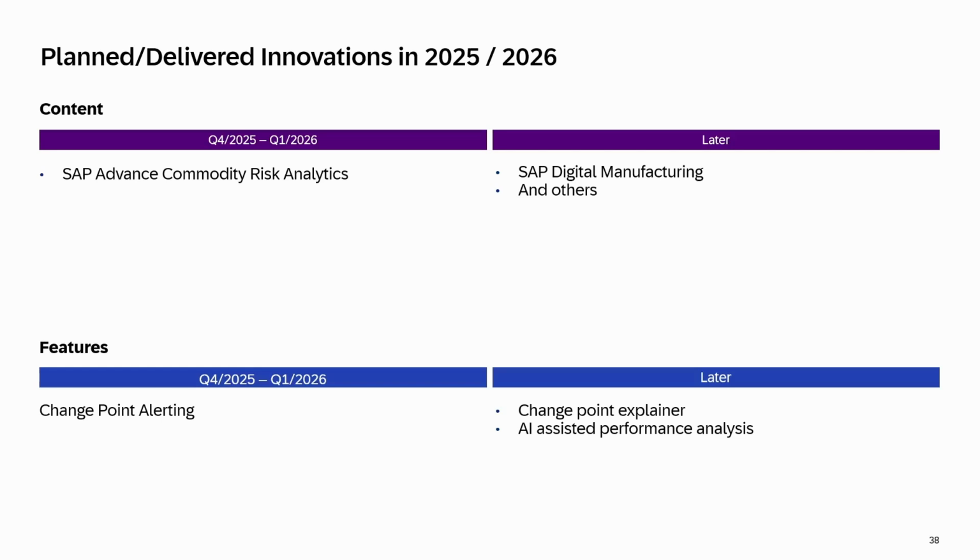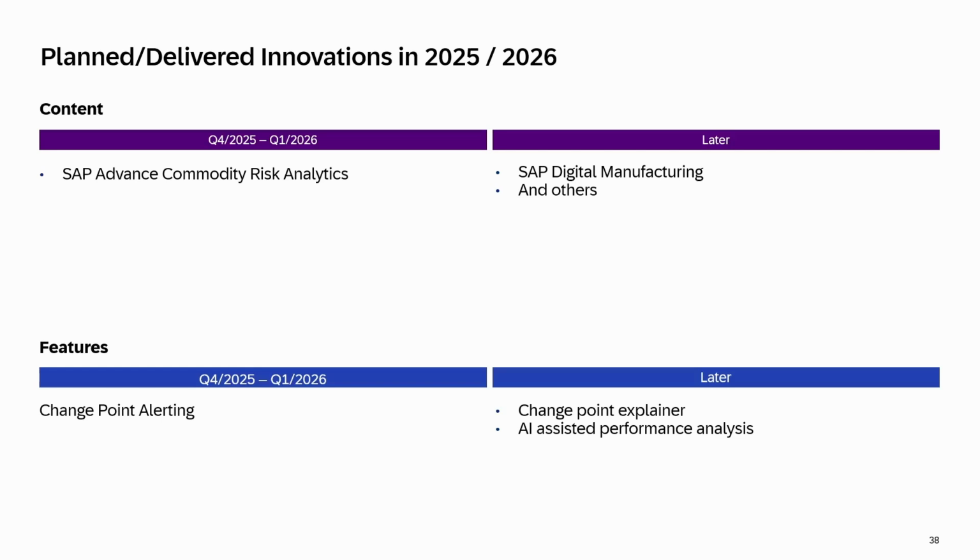One of the most interesting ones, which comes hopefully at the beginning of next year, is SAP Digital Manufacturing Cloud, and also other smaller things. For the features, we deliver, as I said before, the change point alerting and permanently improve the usability of the change points and the whole application.